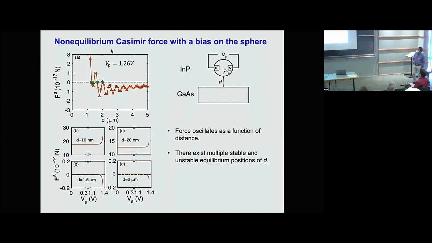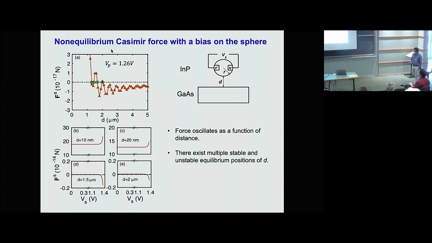If you instead put the voltage on the sphere and you plot the force as a function of separation, you'll see that the force oscillates between positive and negative due to essentially the interference effect as the wave coming from the light emitting diode hits the gallium arsenide. And so in this case, there exist multiple stable and unstable equilibrium positions as a function of separation.